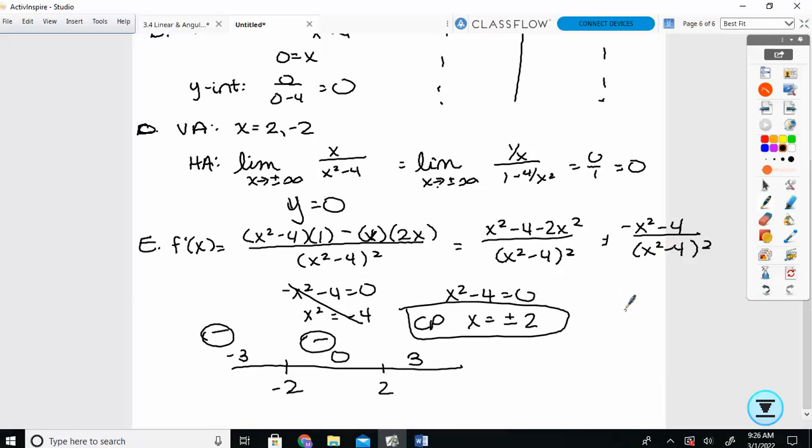If you put in a 3, you get a negative over a positive, so it's still negative. Can I say this is always decreasing then? Can I just say negative infinity to positive infinity? No, because there's asymptotes. So decreasing from negative infinity to -2, union -2 to 2, union 2 to infinity.